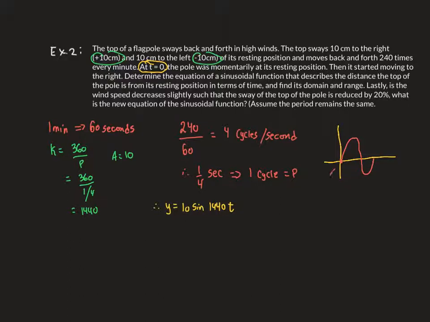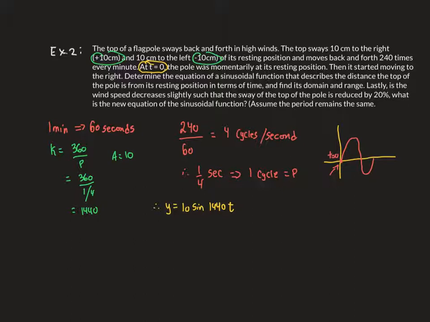So if it's already at resting position at t is equal to 0, then there is no shift left or right. It's definitely just in the general position. That's why this is a very important line there, because it then says it started moving to the right. So that's my equation.